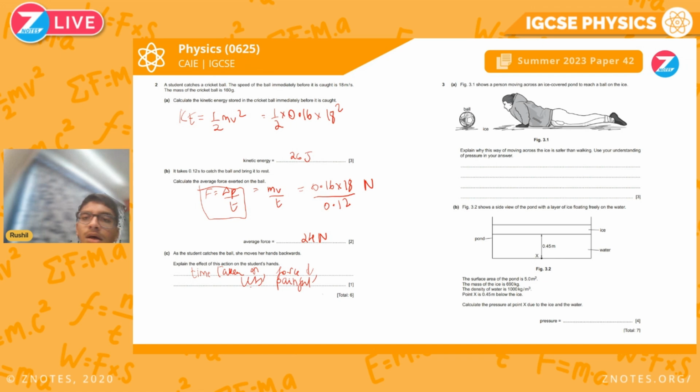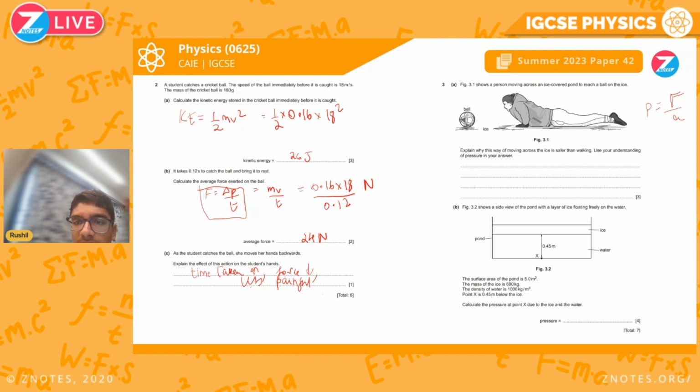Now, question 3 shows a person moving across an ice-covered pond to reach a ball on the ice. Explain why this way of moving across the ice is safer than walking. Use your understanding of pressure. So we know that pressure is equal to force by area. Here in this case, the force is basically the weight of the person, which is constant and unchanged.